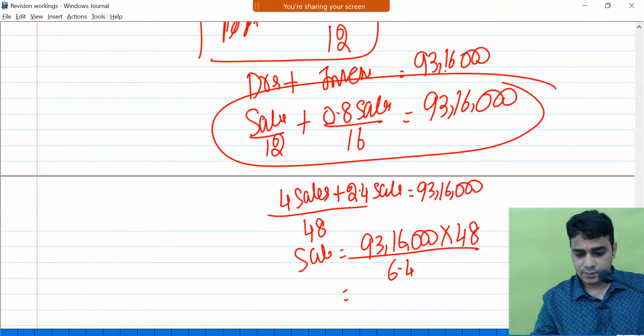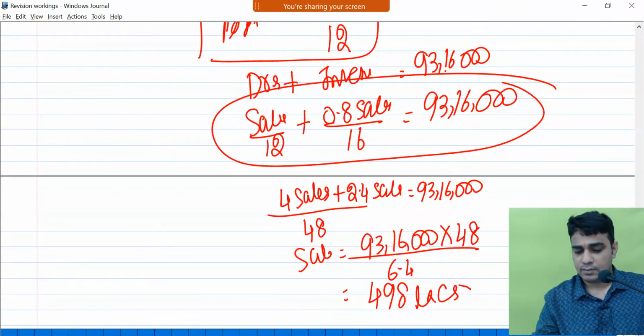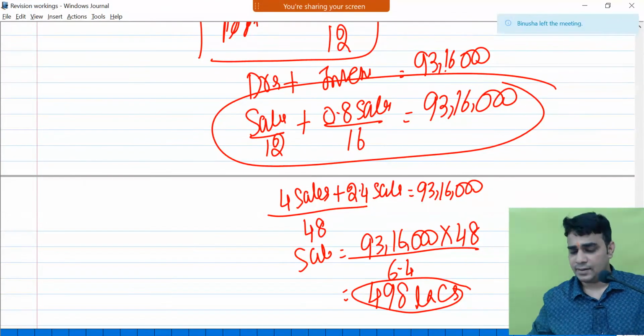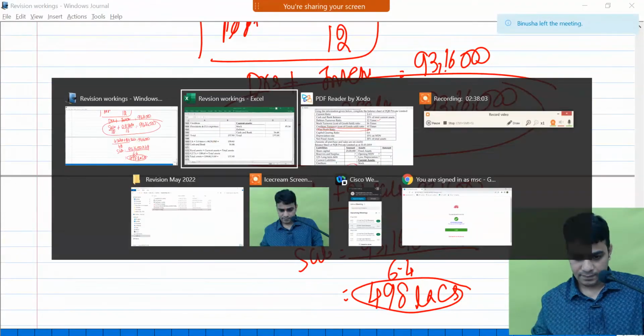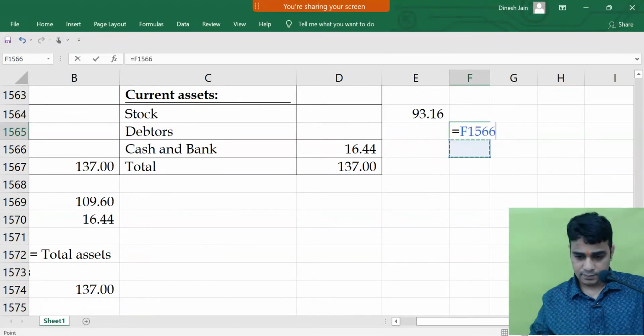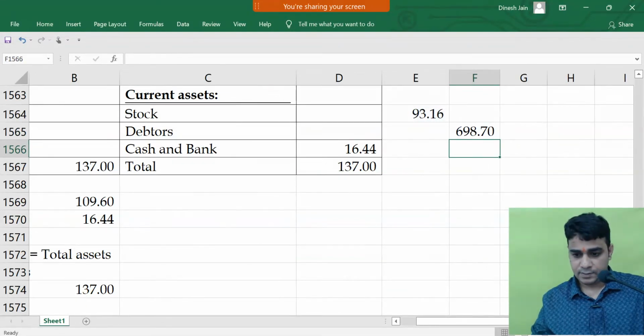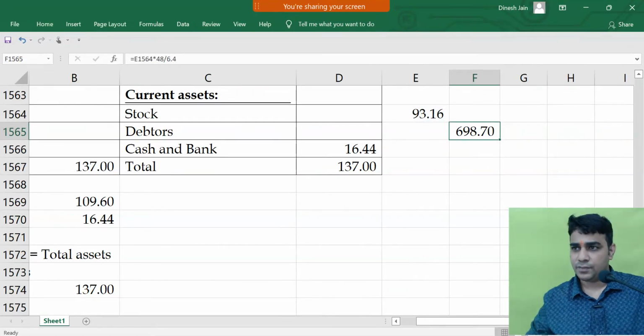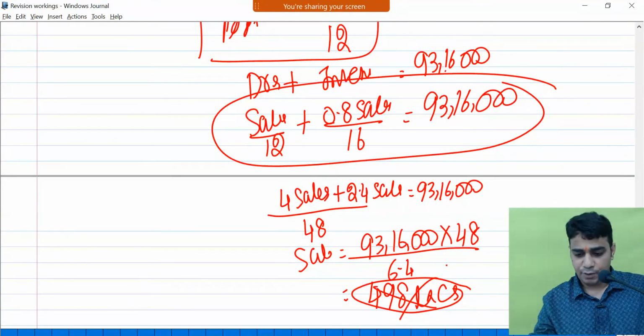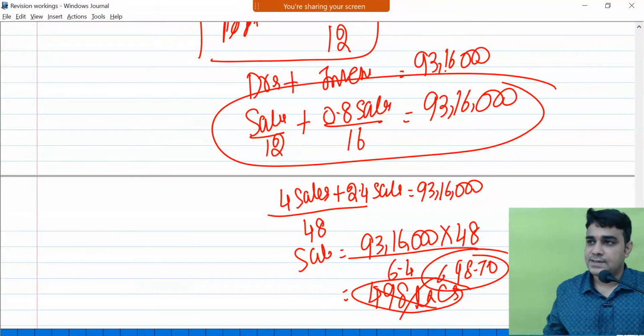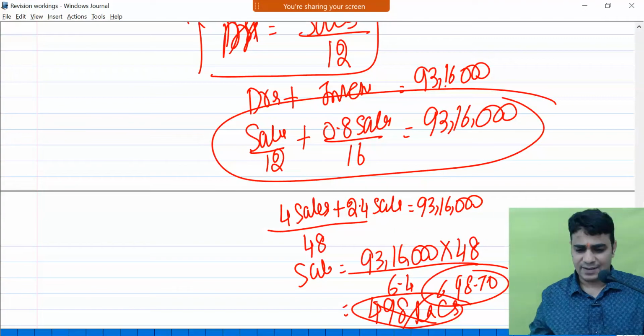How much is the sales number you're getting? 698.70 lakhs. Let me know if there's any calculation error here.